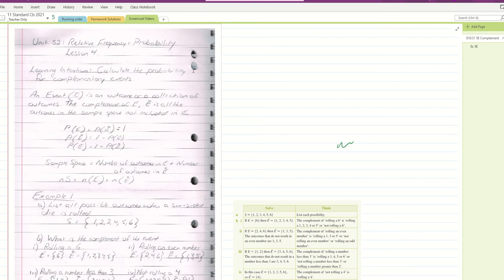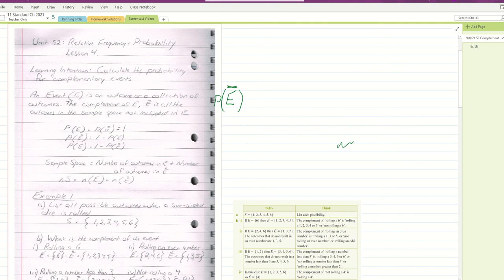So not rolling a 1 is rolling a 2, 3, 4, 5 or 6. The way we designate it is the complement of the event is that event with a bar over the top of it like that.